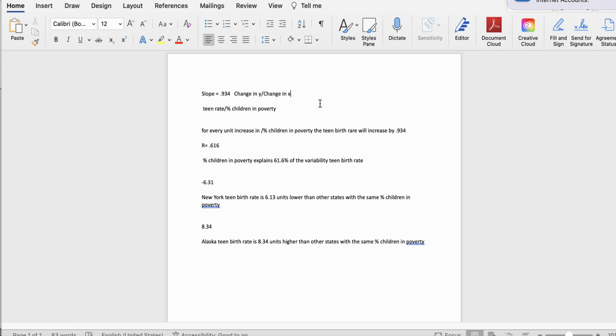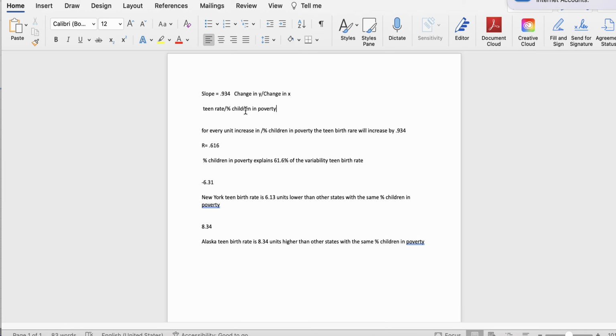Okay. So we explained what the slope is in context of the problem. What was the y, teen birth rate? What was the x, the predictor variable, percent of children in poverty?